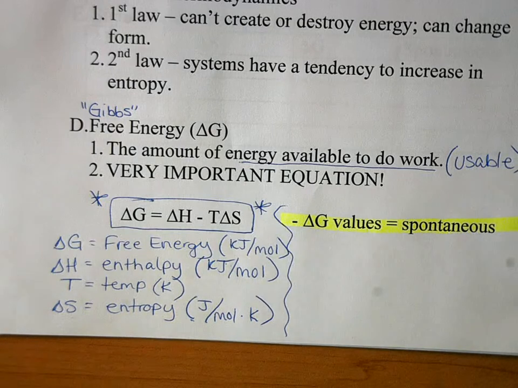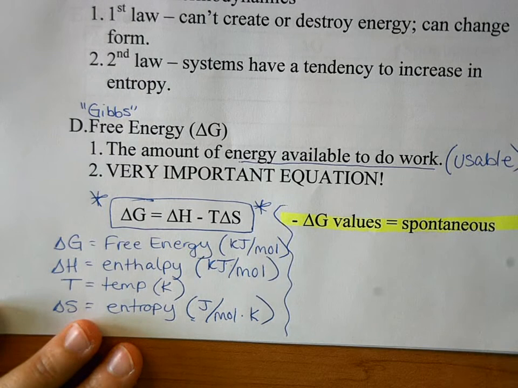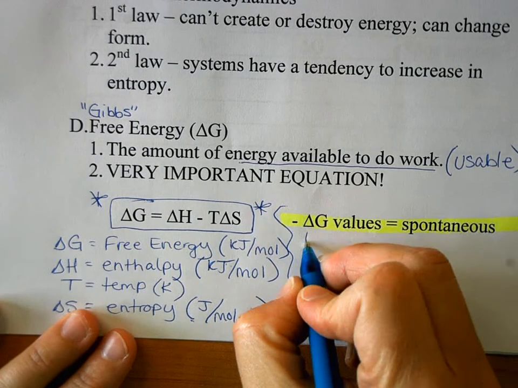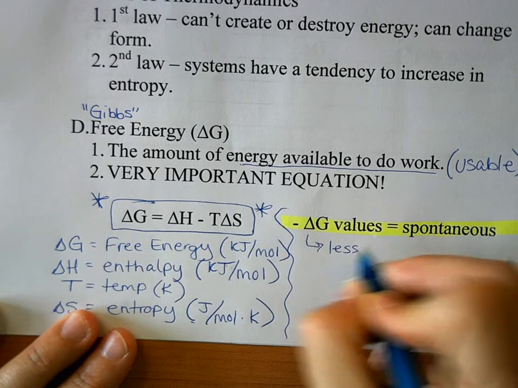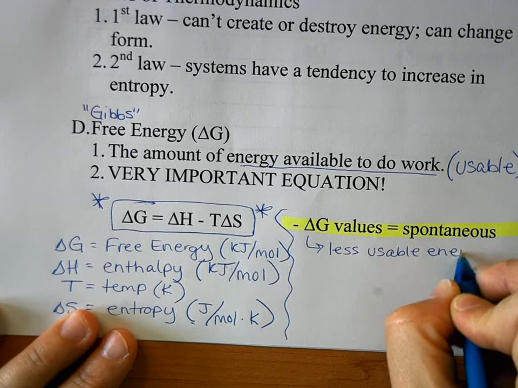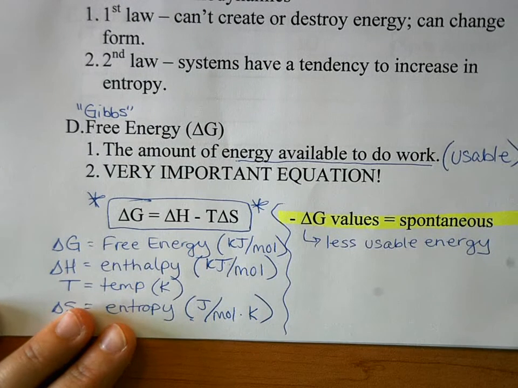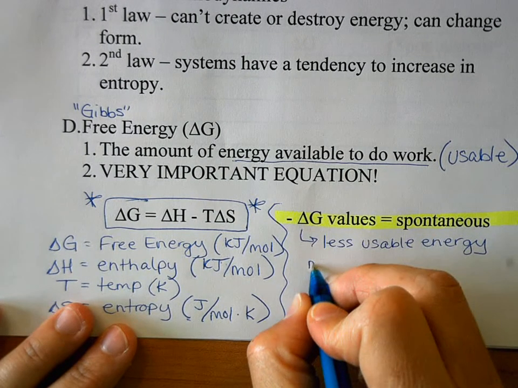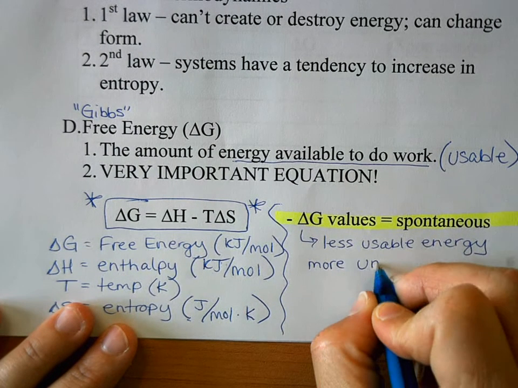Now that's something that you can just remember, but if you think about why that is, if you have a negative delta G value, that means that you have less usable energy, which means that you have more unusable energy.